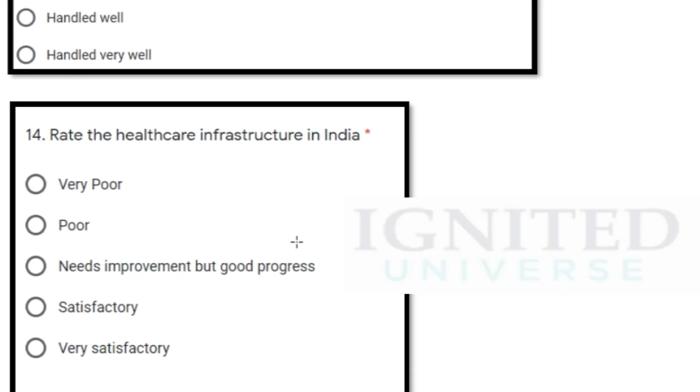However, if we look at this question wherein we are asking to rate the healthcare infrastructure in India, and the ranking is being asked from very poor to needs improvement to satisfactory to very satisfactory. So there is a specific order in these categories, and hence this data falls under the category of ordered data.